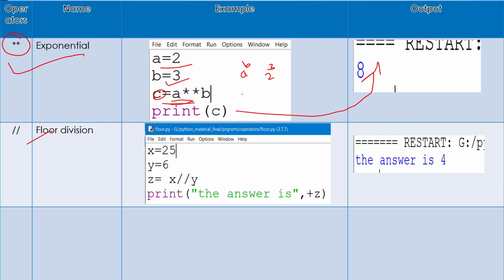Now the floor division. X is equals to 25. Floor division is denoted by double forward slash. Y is equals to 6.